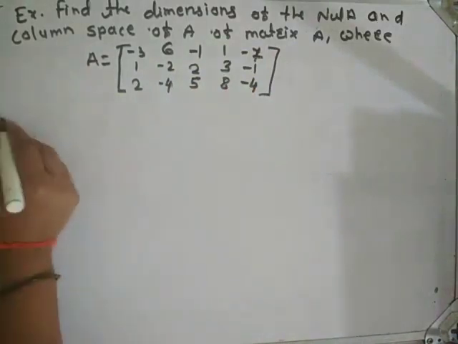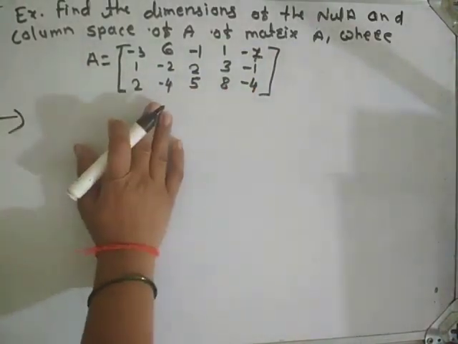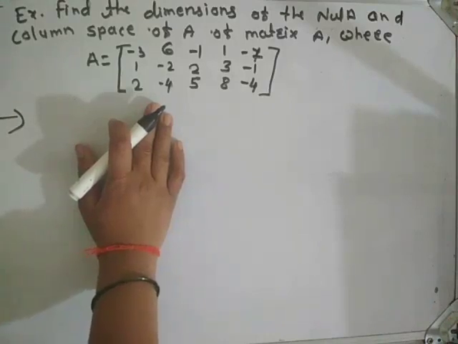This is how to find the dimension of the null space of A and column space of A.